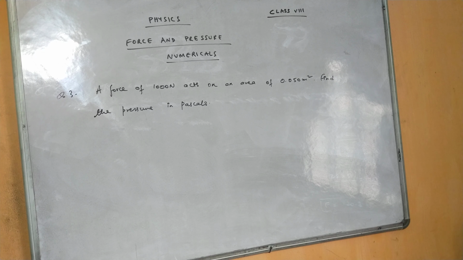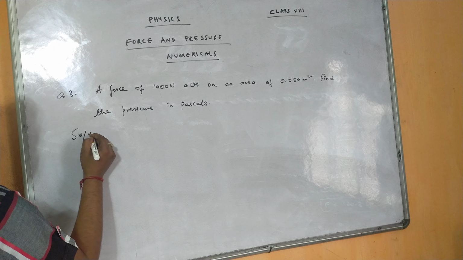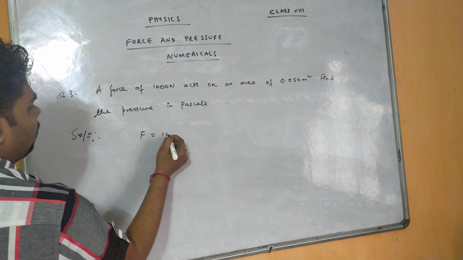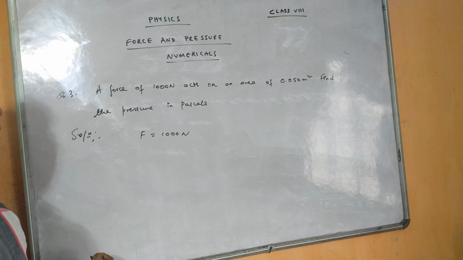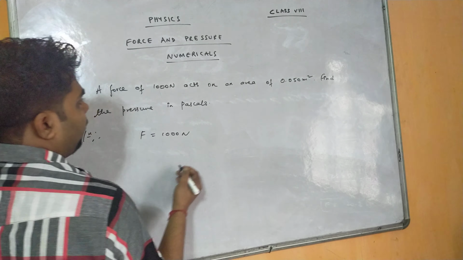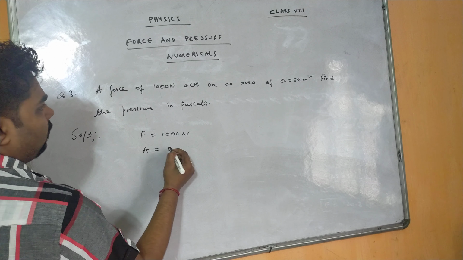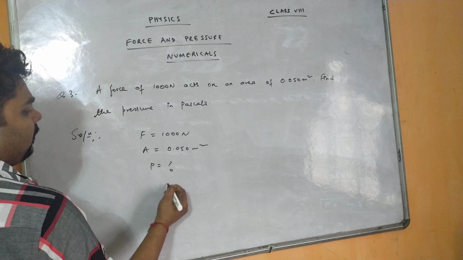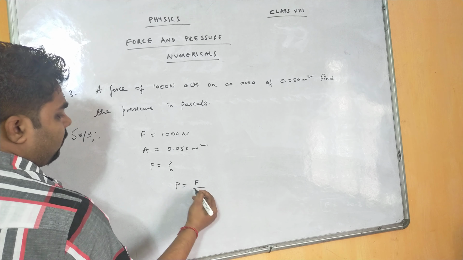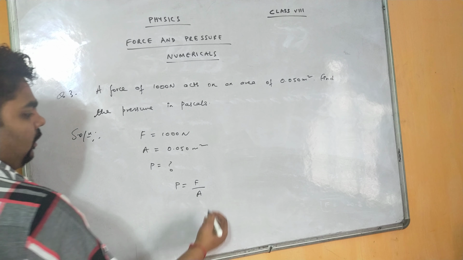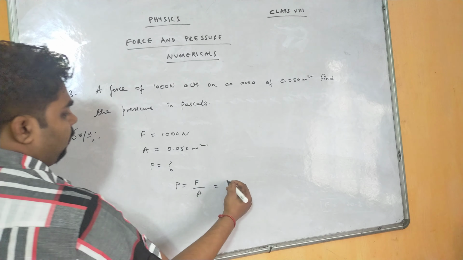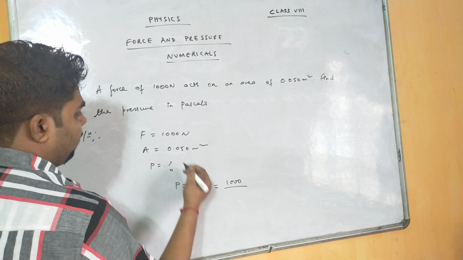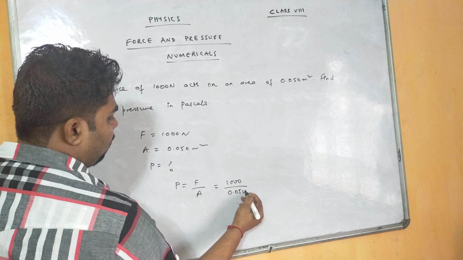A force of 1000 Newton. In this question, what is given? Force, that is 1000 Newton, will be noted down here, and the area is also given, 0.050 meter square, and we need to find pressure. So we know pressure equals force per unit area. So in place of force we will substitute 1000, in place of area 0.050, right?